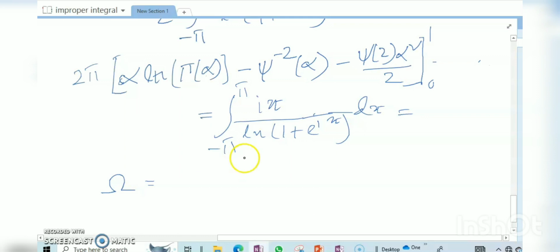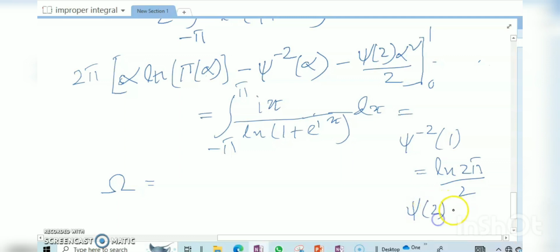Digamma minus 2 1 is equal to ln 2 pi, okay, ln 2 pi divided by 2, and digamma 2 is equal to 1 minus gamma.